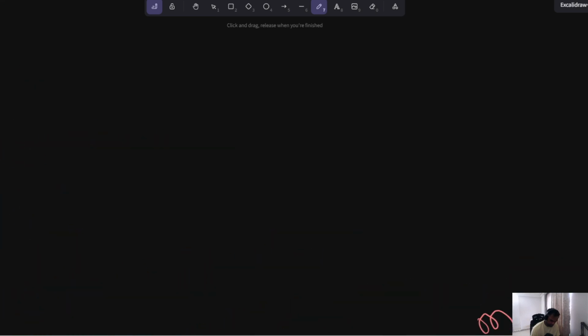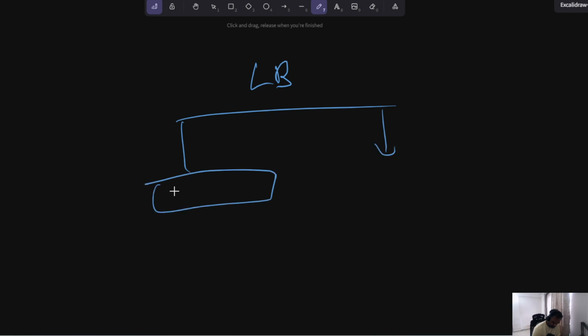Okay, a cleaner version. So you have a load balancer, and let me draw only two servers. Here server 1 and here server 2.